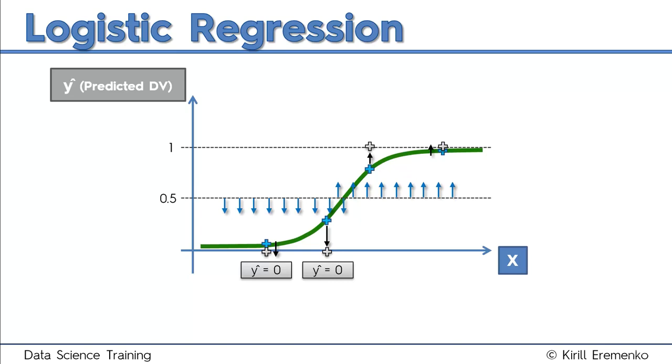Also makes sense, right? If you're predicting that somebody's probability of taking up an offer is 85%, and you have to say yes or no, then you're probably going to say yes. You're going to say this person will take up the offer if you have to choose one of the two. So those are our predicted y hat values. In this case, they're both 1 for those two variables.